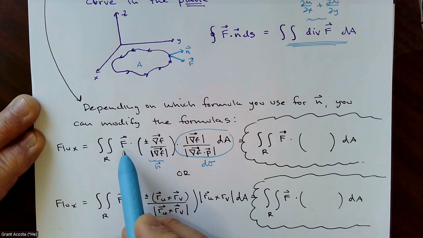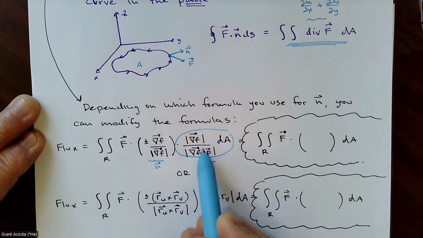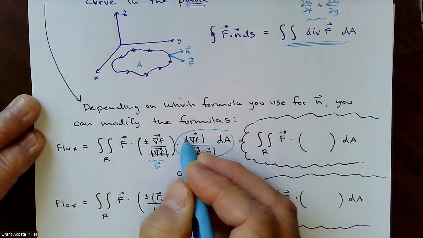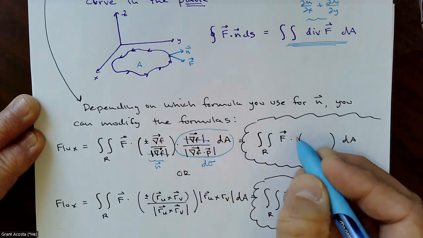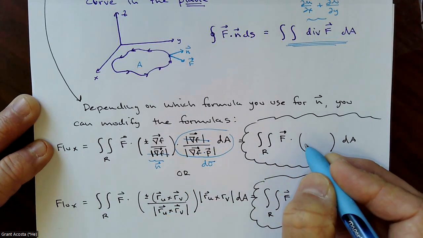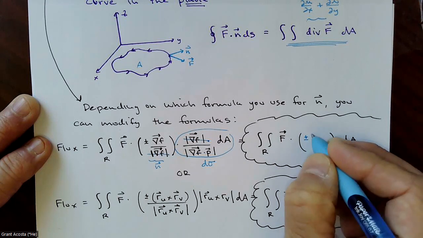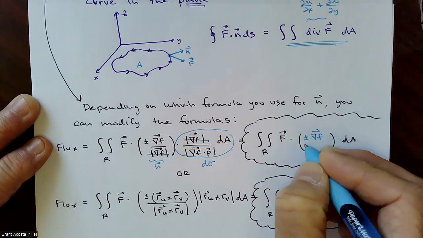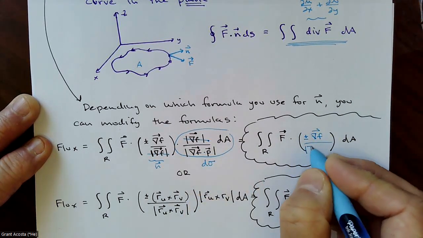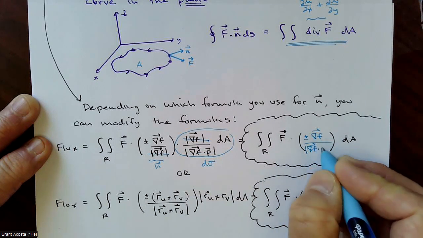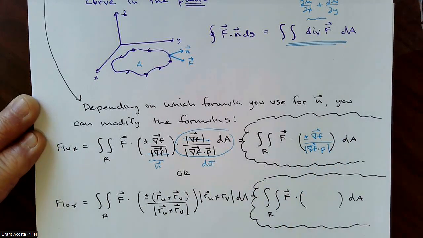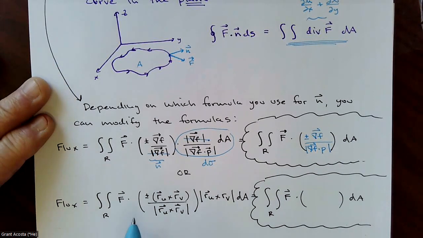What will always happen, because you're doing f dot n times d sigma, is the magnitude of the gradient vectors will cancel, and so we're just going to end up with the double integral of f dotted with plus or minus the gradient of f over the magnitude of the gradient of f dotted with p. That's one formula.